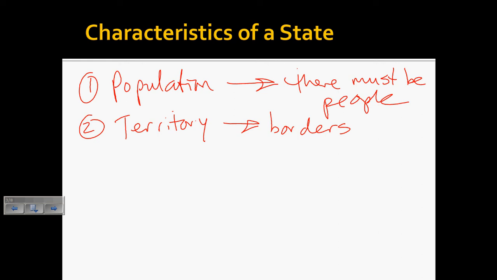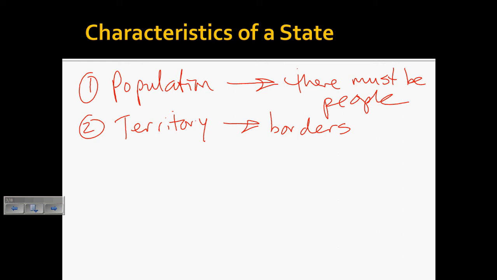South Sudan was created by a vote of its people to break away from the country of Sudan, and because of many years of oppression and violence and things like that, they broke away. They became their own state officially. They had borders, they were recognized, they had a population.